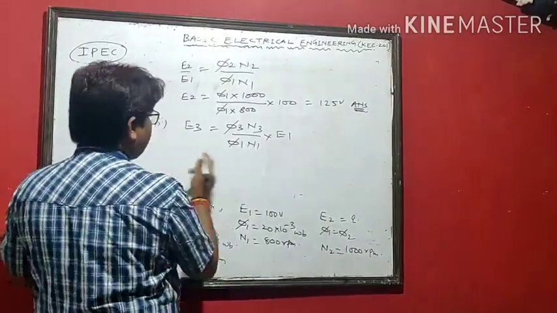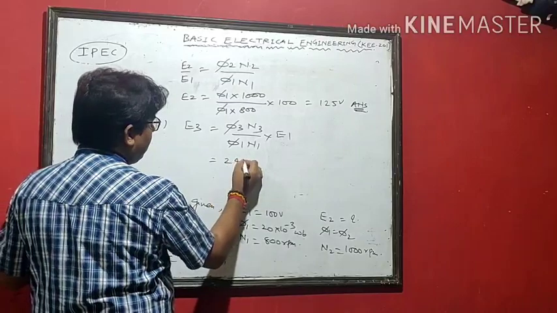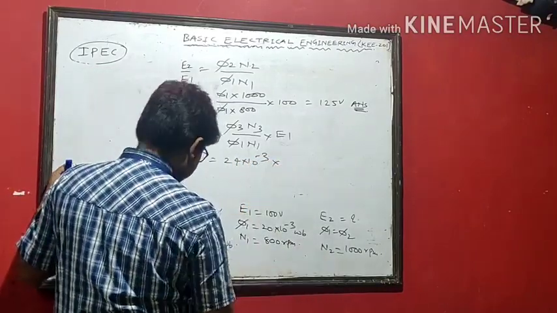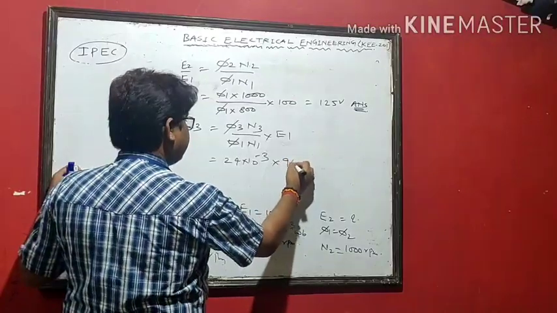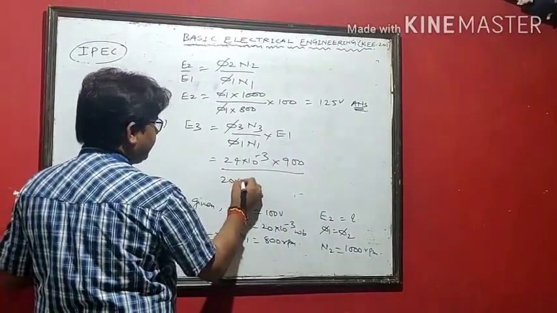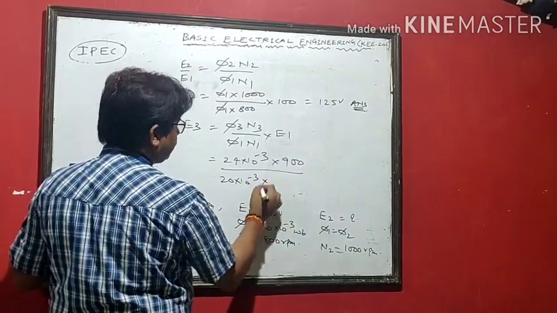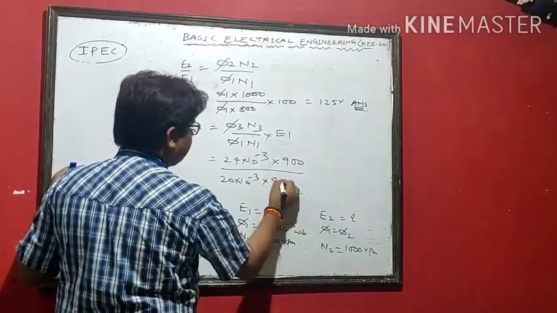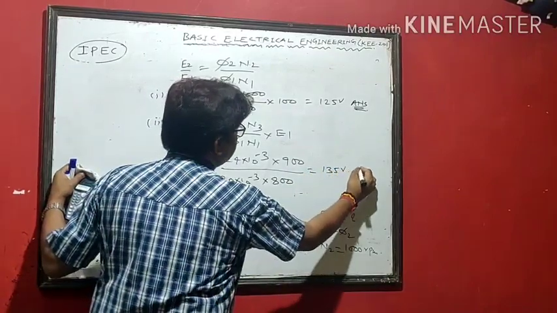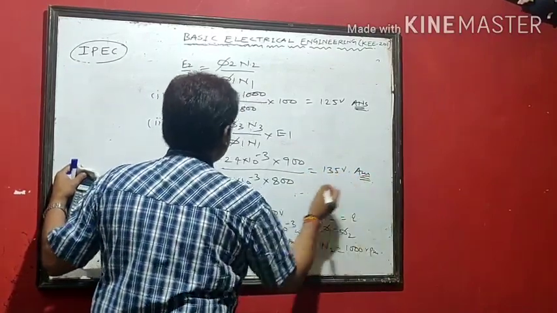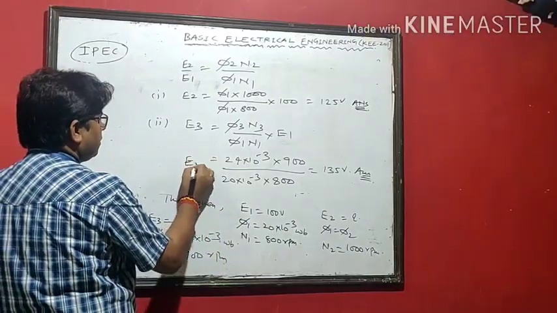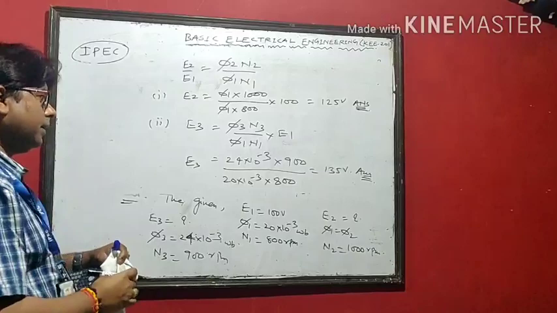Putting the values, phi3 equal to 24 × 10 to the power minus 3 and N3 that is 900, divided by 20 × 10 to the power minus 3 into speed N1 800, that is equal to 135 volt. This is your second answer, your E3.